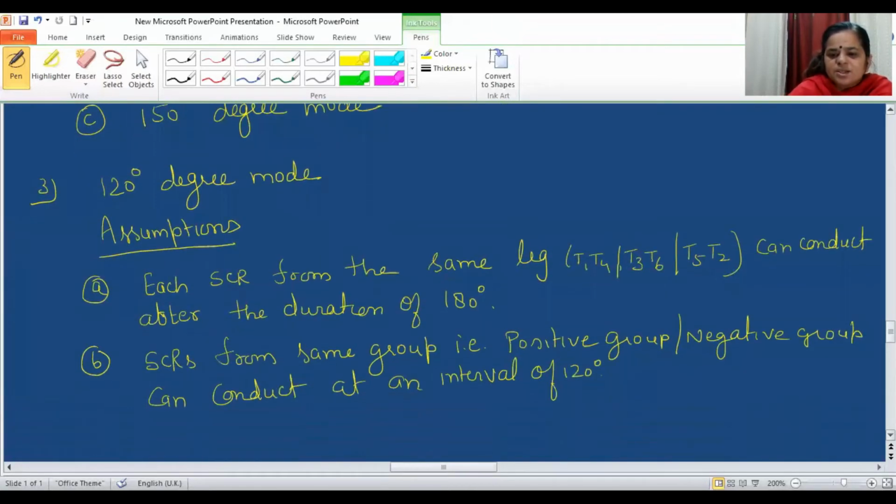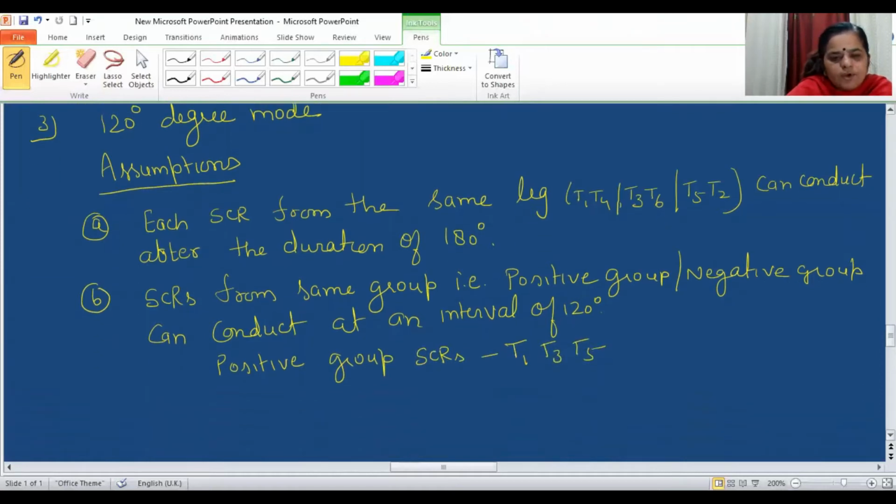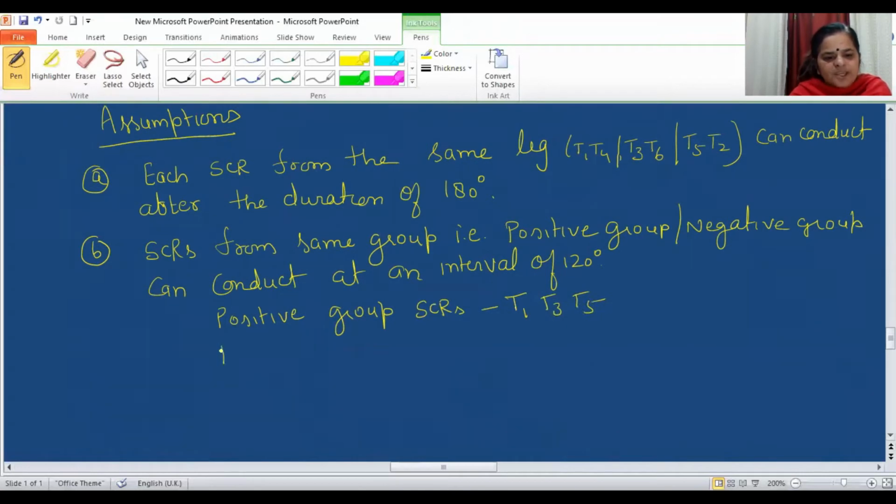So what are the positive group SCRs? I can write: positive group SCRs will be T1, T3 and T5. And what are the negative group SCRs? Why are they called negative and positive group SCRs? Because the positive group SCRs will conduct when they are connected to the maximum positive supply, and the negative group SCRs will conduct when they are connected to the maximum negative supply.